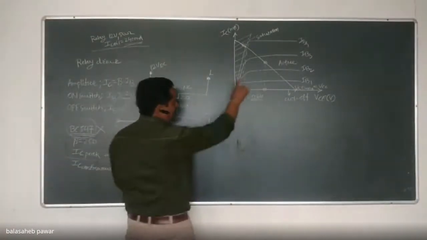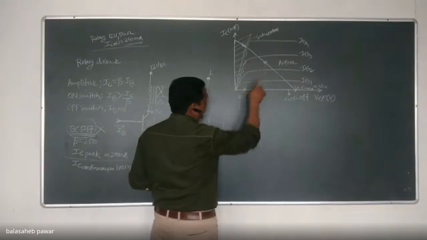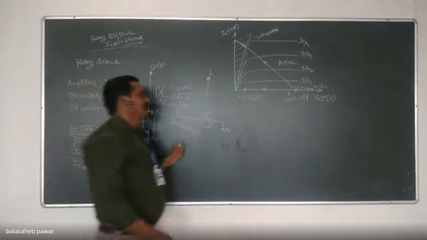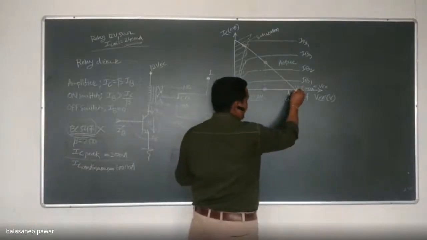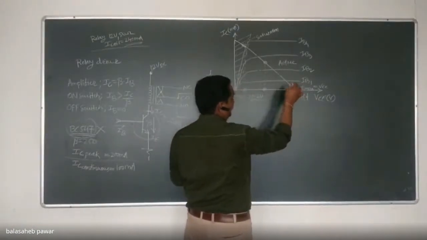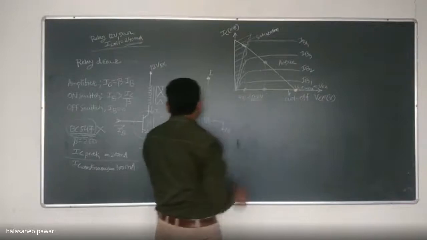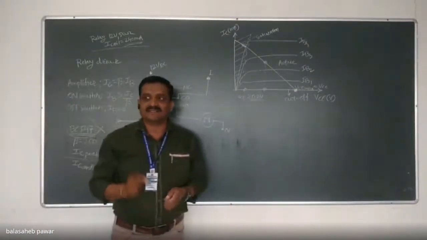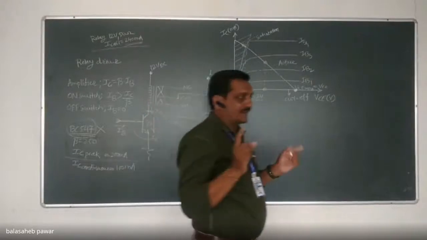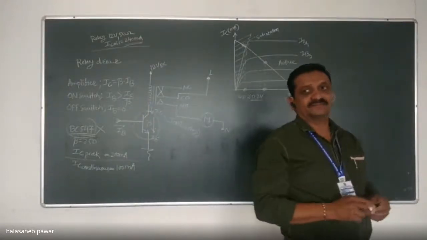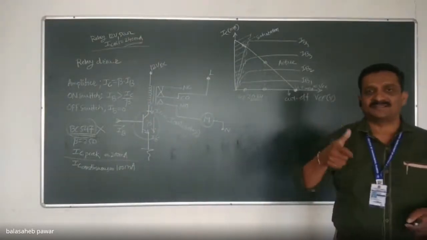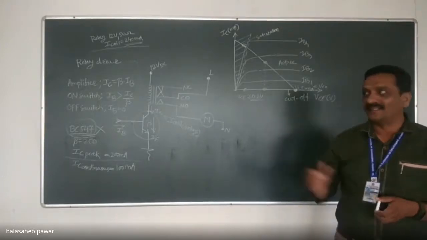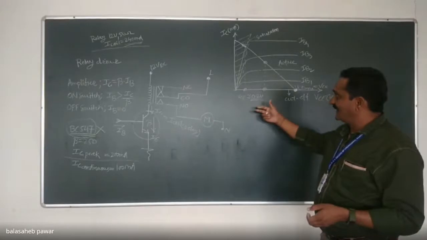And if the transistor is operated in the active region, then the voltage drop will also increase. Correct? And whenever that transistor is operated in the cutoff region, that means over here, how much will be the voltage across the transistor? The transistor is in open state. Whenever it is closed, you already answered it will be minimum.